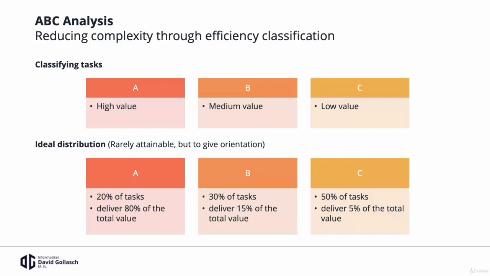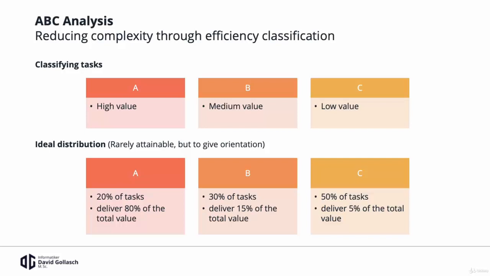Basically, the ABC analysis means a reduction in complexity through efficiency classification. So we decide if a task or something is very, very efficient, so a high result on less effort. If it's medium efficient or less efficient, so meaning that there's high effort and low result.